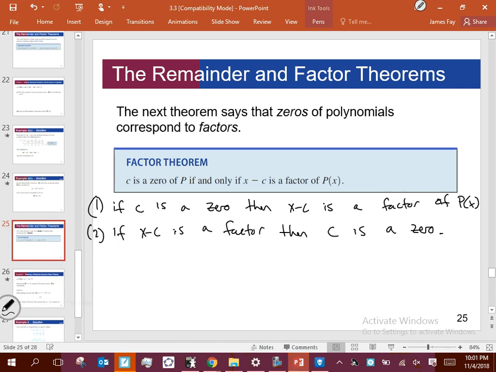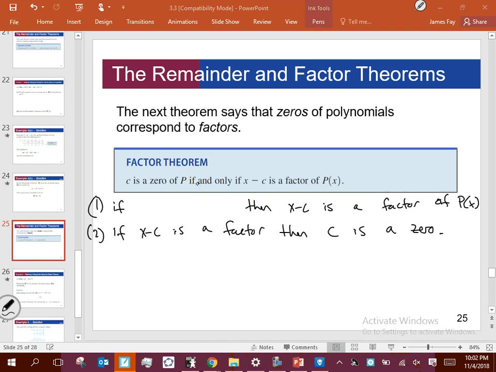Okay, so this makes a little bit more sense in regards to how we go through the proof of this, because it's called a biconditional. So if we're going to prove it, because of the if and only if, we have to prove both of these statements. It says if C is a 0, it's better written for us. Now it is the exact same thing.